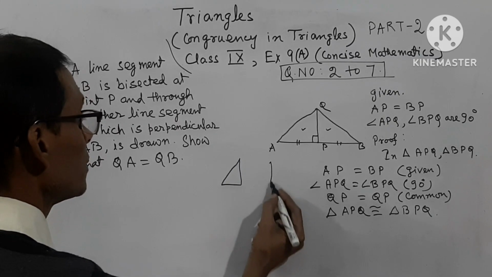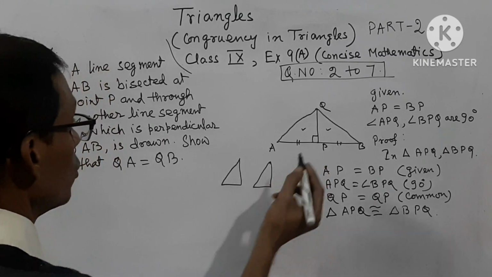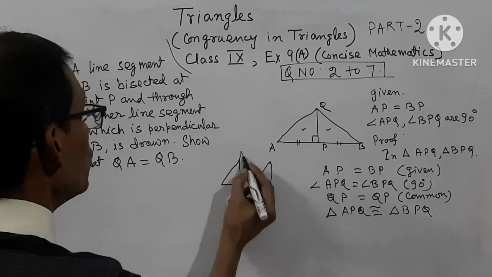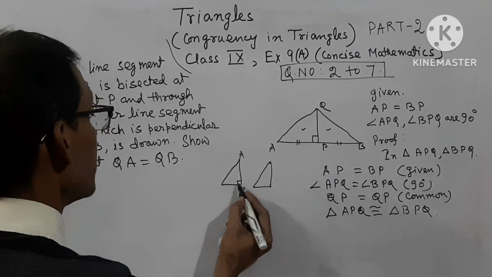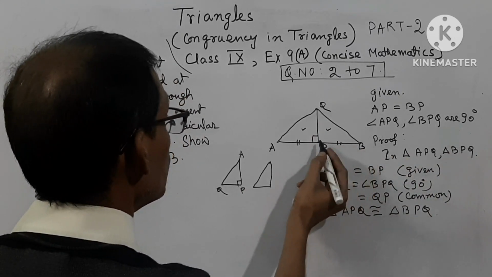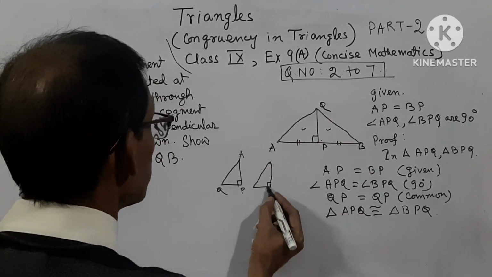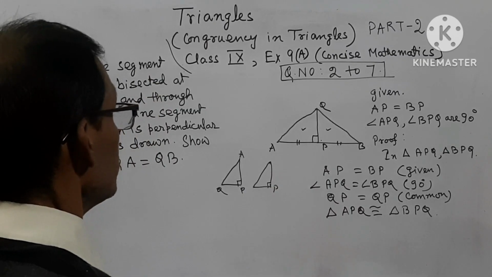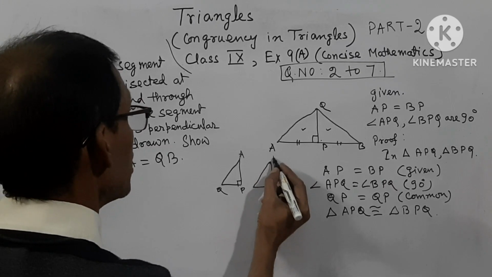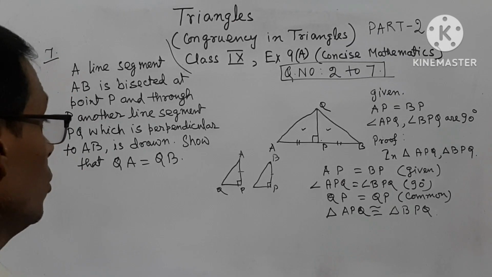draw two triangles, and you can draw two right angles also. At P in APQ, P makes a right angle, and BPQ also, see this angle is a right angle, so this is P. Now AP equal to BP, so you mark BP and symbolize that AP equal to BP.